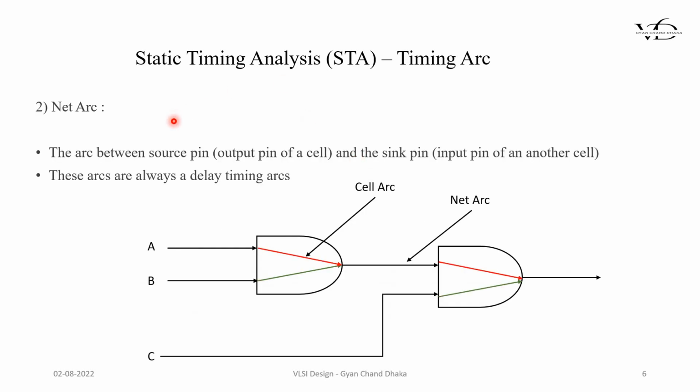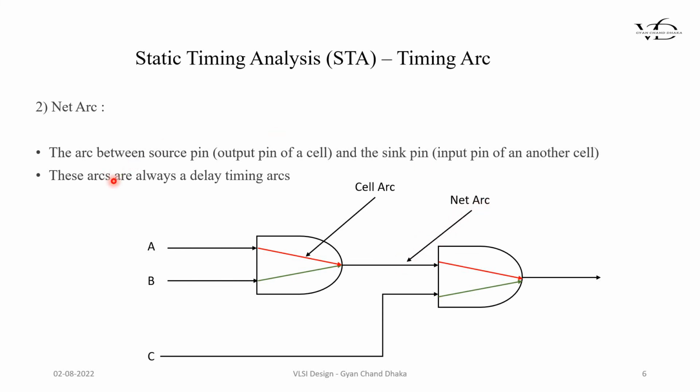Now what is a net arc? The net arc, as I said earlier, is related to all the nets present in the design. One of these nets, if you see here, is the output of this AND gate to the input of the second AND gate. This arc is called a net arc.